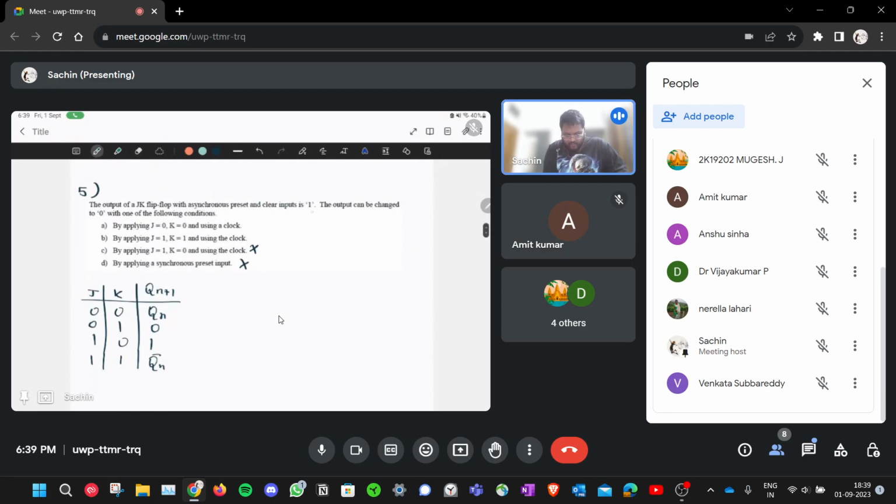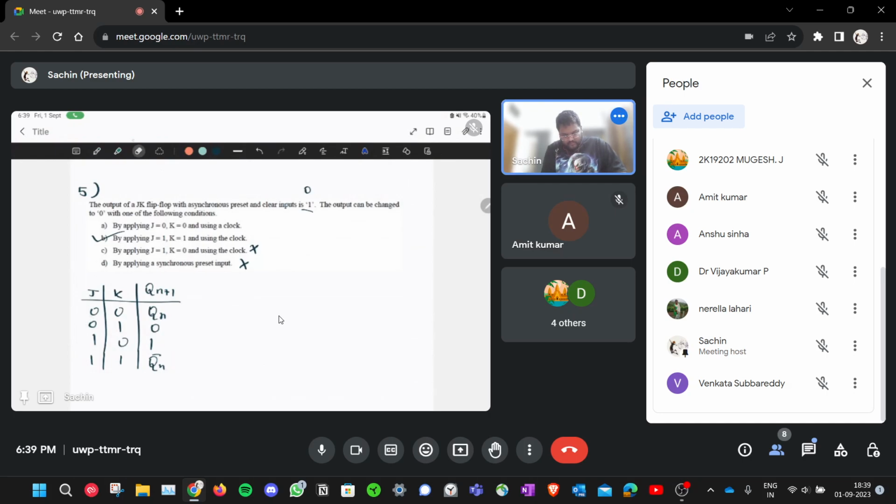Okay, since the output is 1, then the only positive out of the options we have is giving 1 1. So it will toggle to 0. If they had given the output was 0 and it had to stay at 0, then we would have to give 0 1.